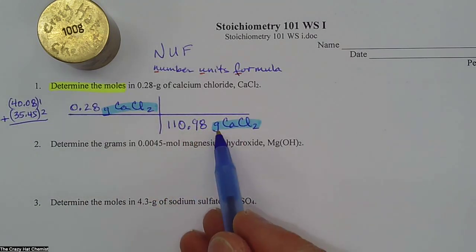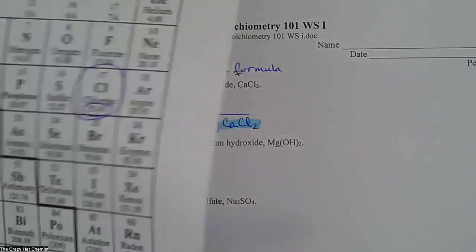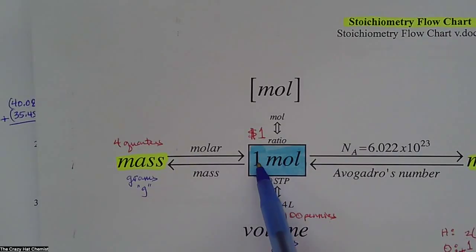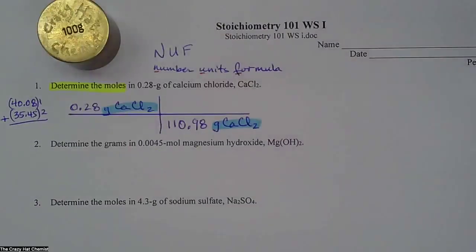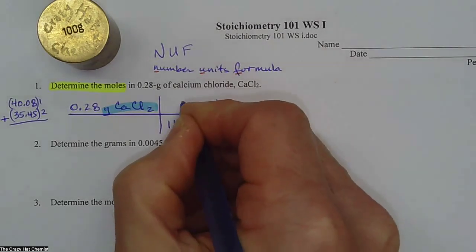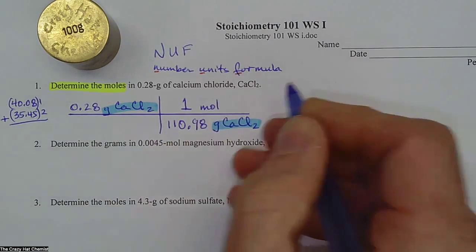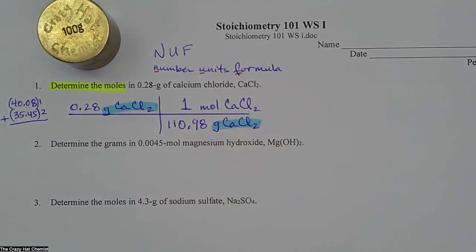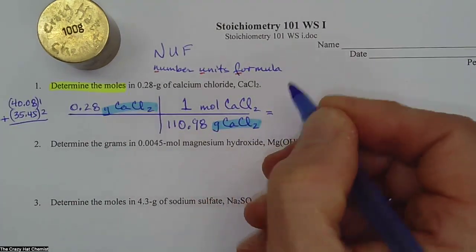So this is the mass of what? The mass of 1 mole? That's why it's called the molar mass. So that means that moles goes up here, and it is a 1. And the same formula, CaCl2. All right. And then we're going to put an equal sign right here.